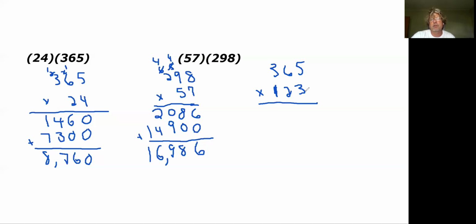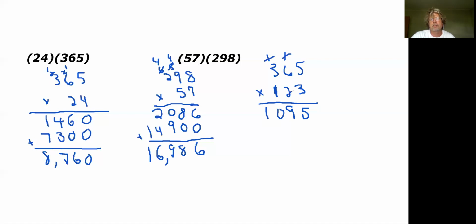So this is where knowing those math facts makes this actually pretty easy to do. 3 times 5 is 15, so we carry the 1. 3 times 6 is the 18, plus the 1 is the 19. Carry the 1. 3 times 3 is 9, plus 1 makes then the 10. So I can mark those out, say we're done with those.